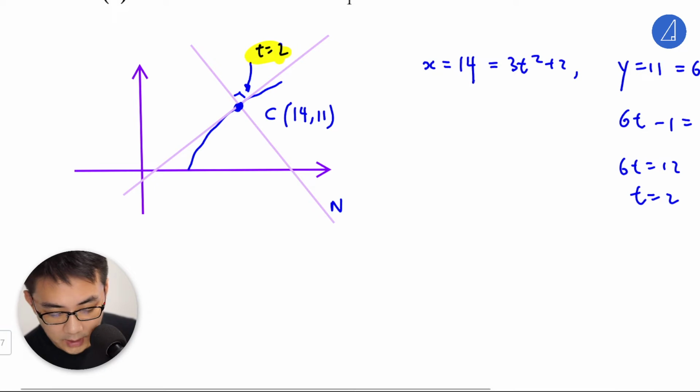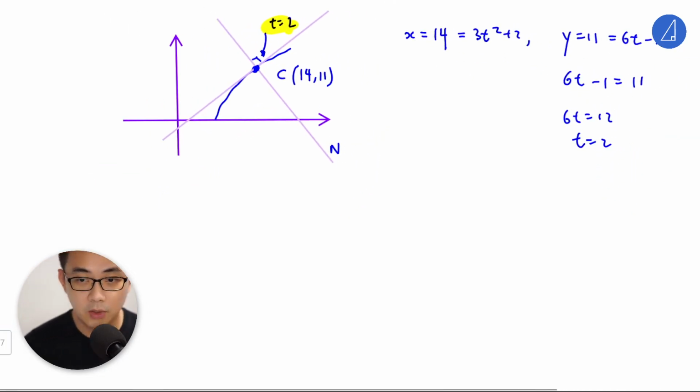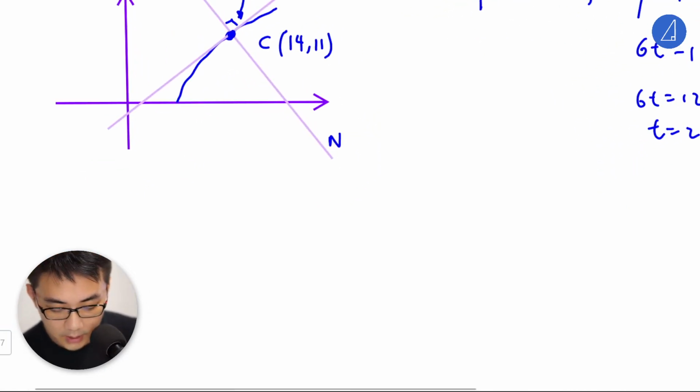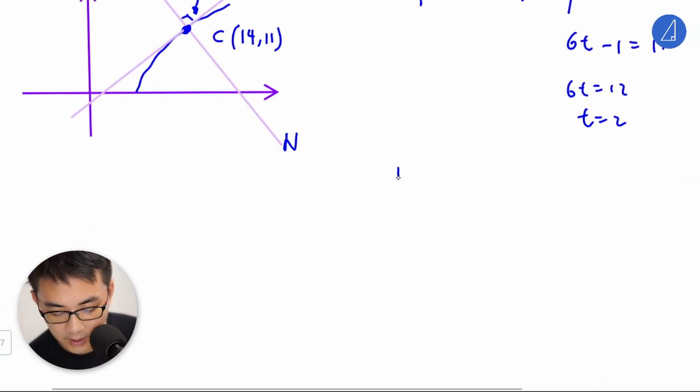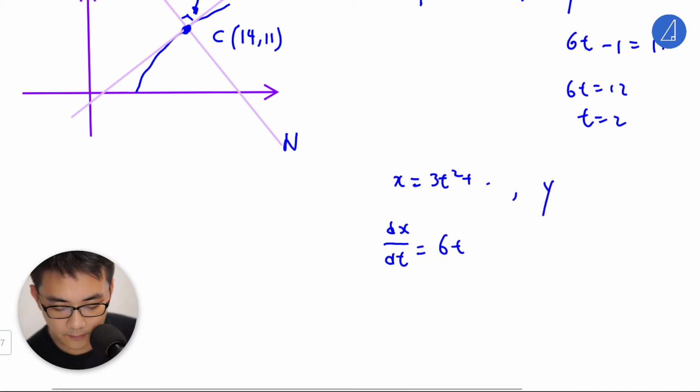Now, once you've done that, what we need to do next is find the gradient, dy/dx. This is line n here, and we need to find the gradient of this normal. So we find dy/dx first. For x equals 3t squared plus 2, dx/dt will be 6t, and for y equals 6t minus 1, dy/dt is 6.